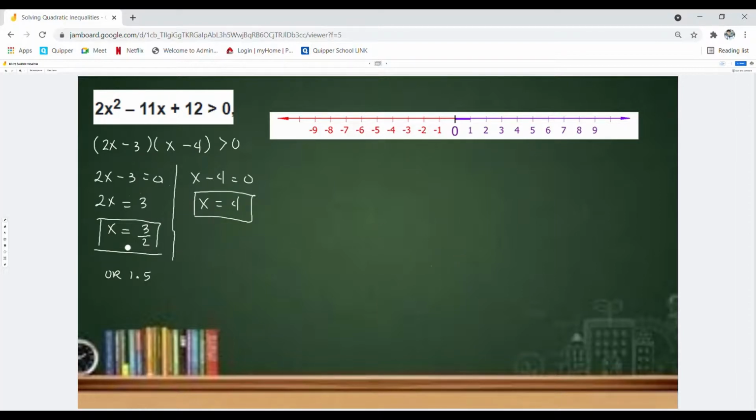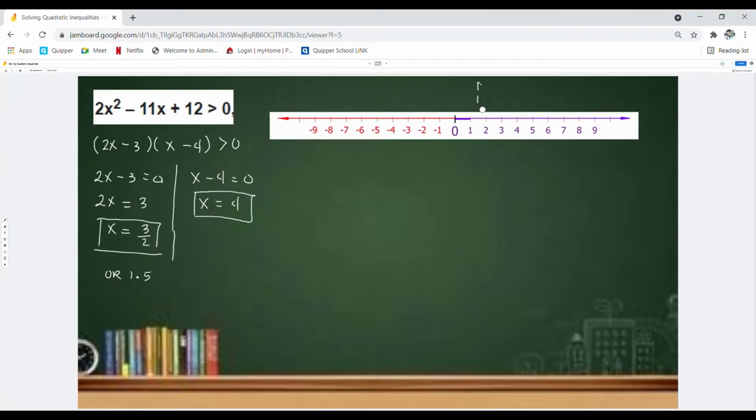Now let's locate these critical numbers in the number line to divide it into sections. So 1.5, is it positive? Yes, positive 1.5. Let me check. This is negative, turns positive. Okay, so both are positive. So 1.5 is somewhere here, in the middle. So positive 1.5, parenthesis here.